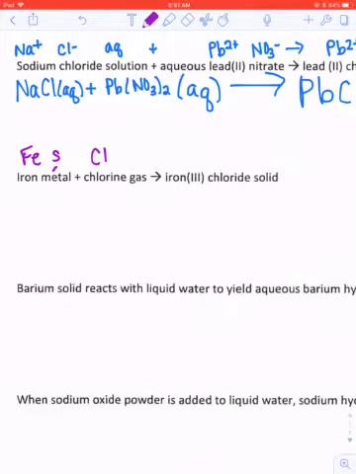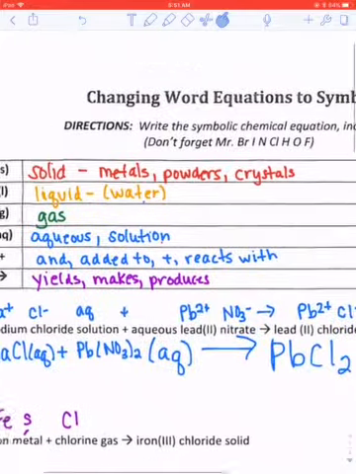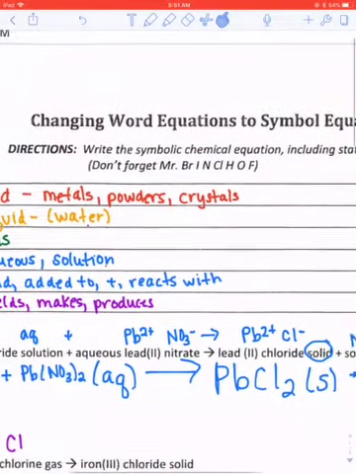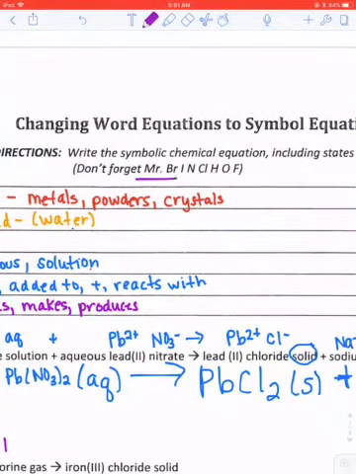Alright, let's talk about that for a second. It says, don't forget Mr. Brinkelhoff, so you have to remember your notes. I don't call him Mr. Brinkelhoff because that's not how I learned him. I call him Mr. Hofbrinkel.